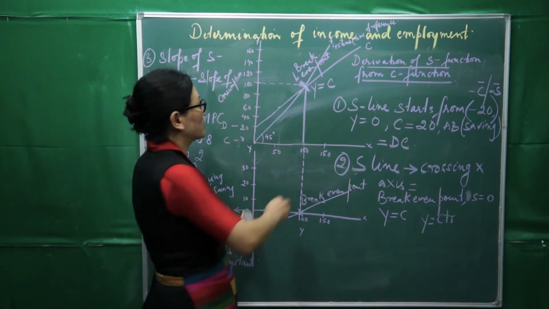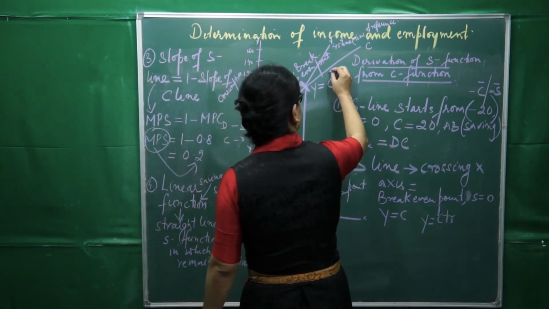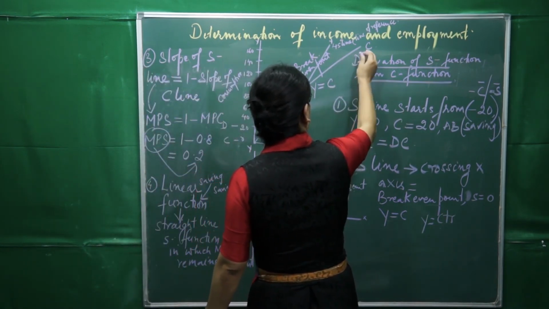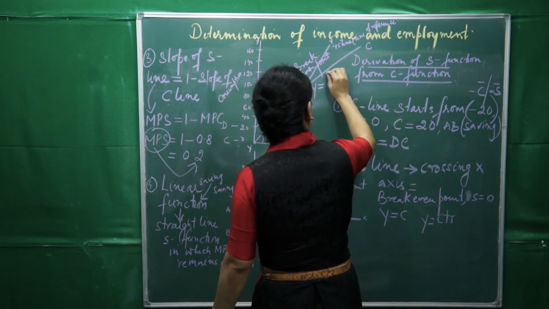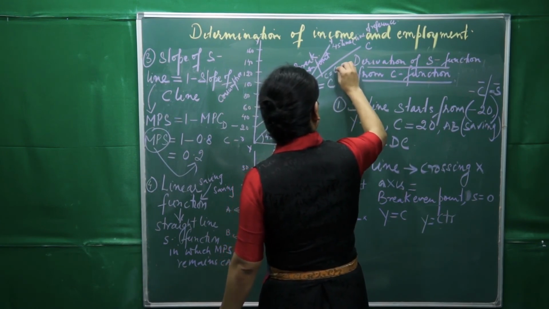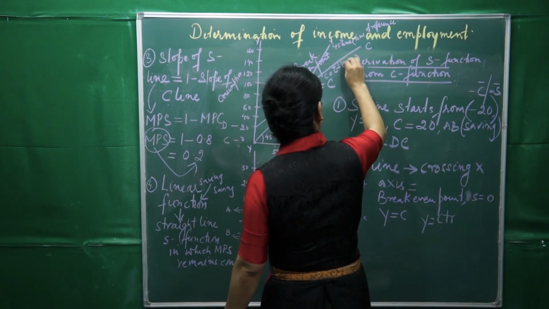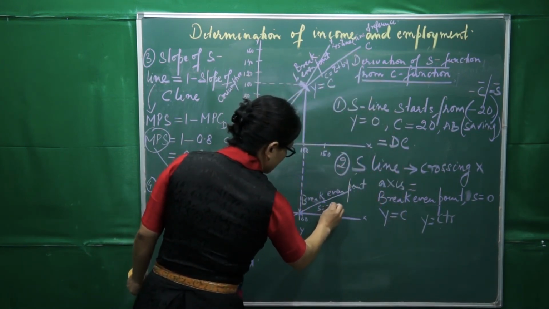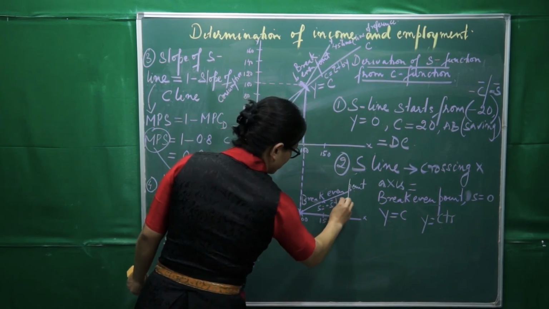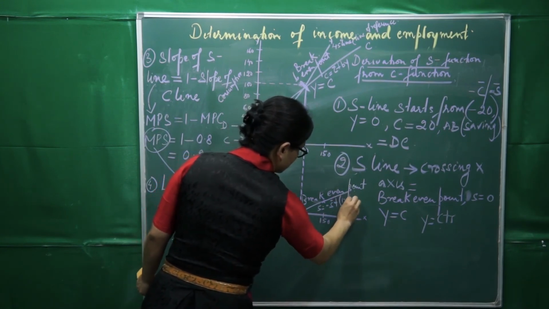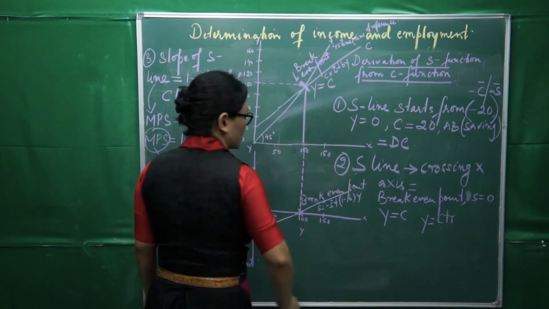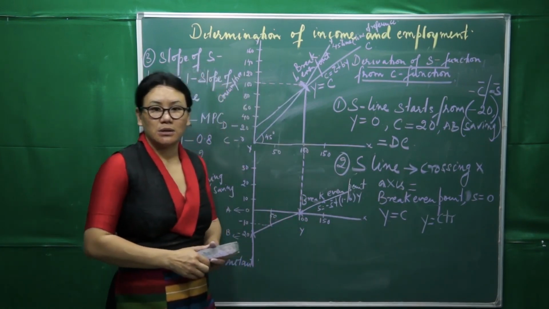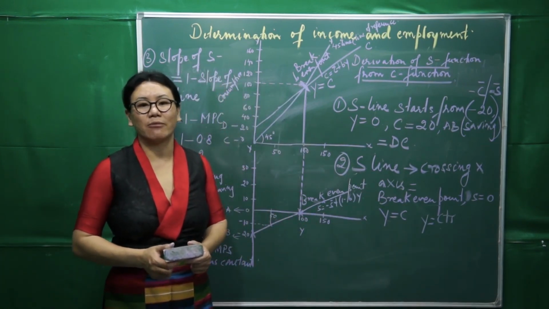Is that clear? So I'll write here the consumption function equation. C is equal to C bar plus bY, and here S is equal to S bar plus (1 minus b)Y. So this is all about the saving function.